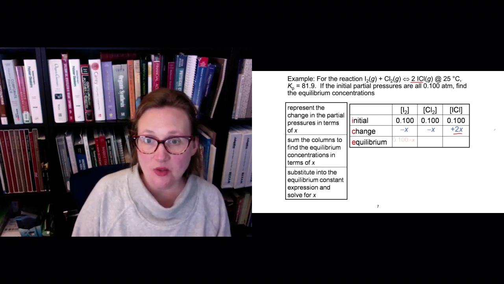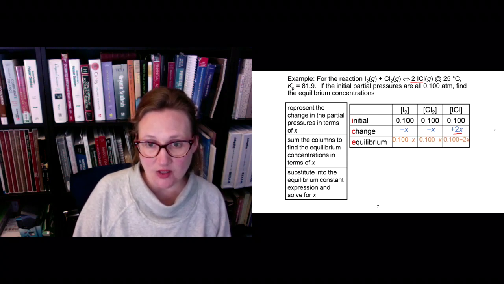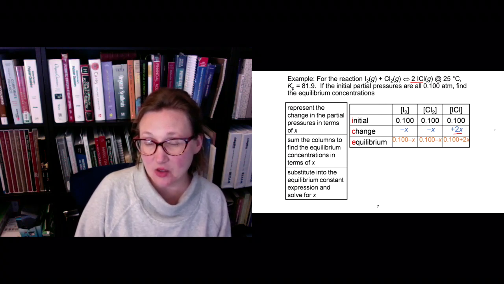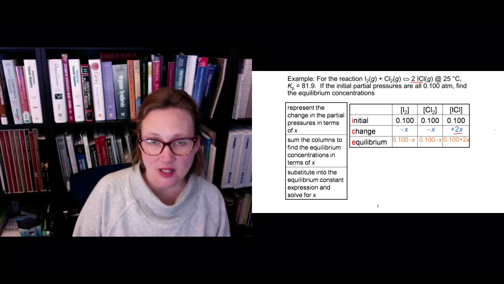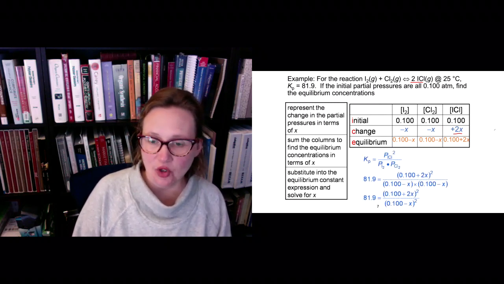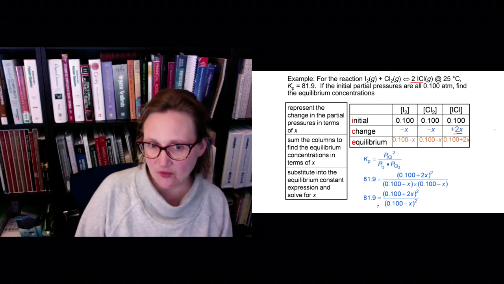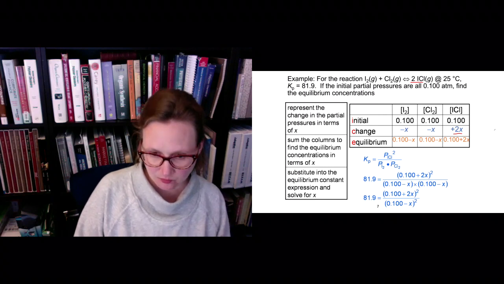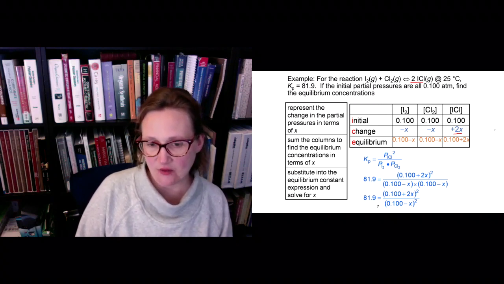All right, so what do we have at equilibrium? Because our reactants are going away, we'll have 0.1 minus x each, and our product is coming in, so we'll have 0.1 plus 2x. We can put that into our expression for our Kp so that we can solve for x.